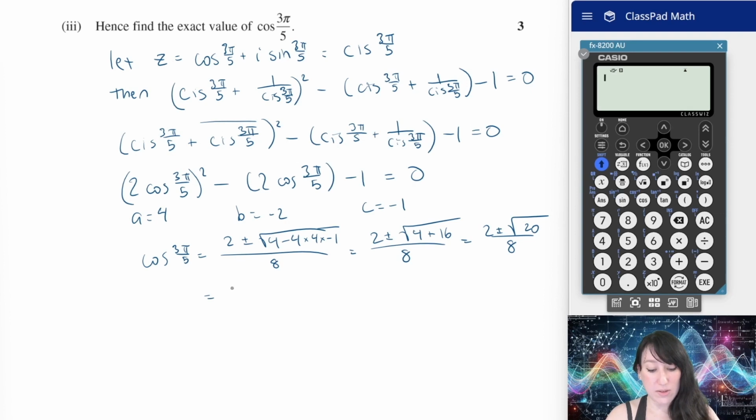So that simplifies to 2 plus or minus 2 root 5 over 8, which is 1 plus or minus root 5 over 4.